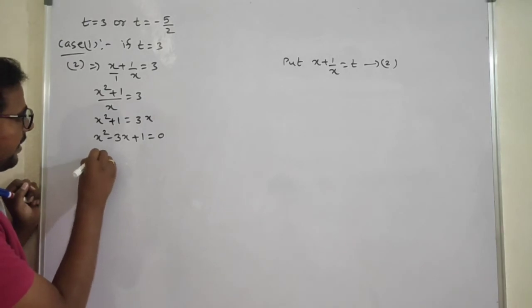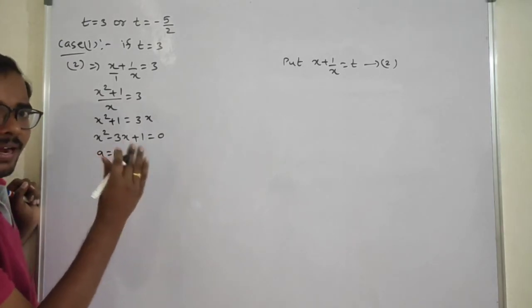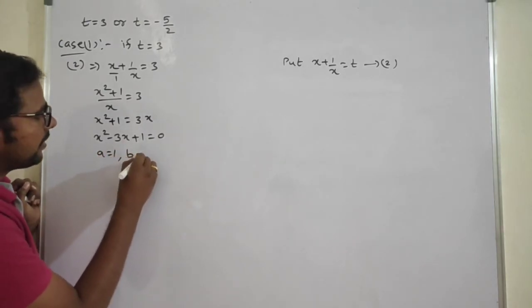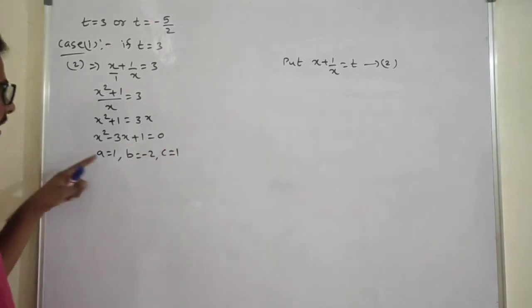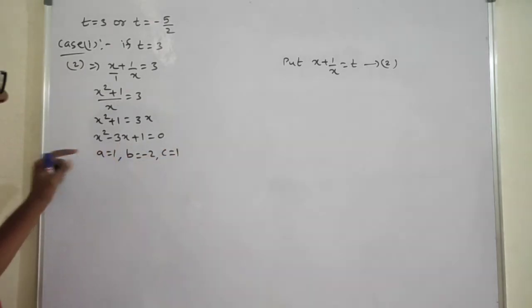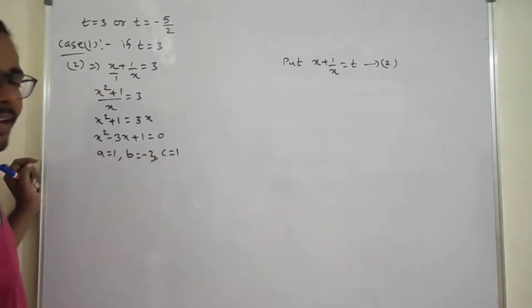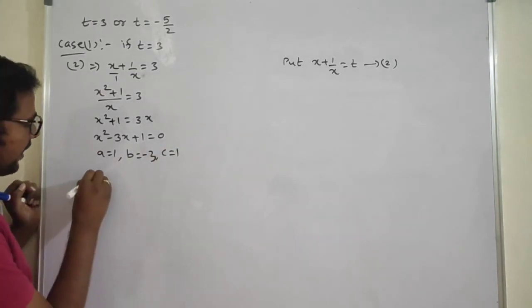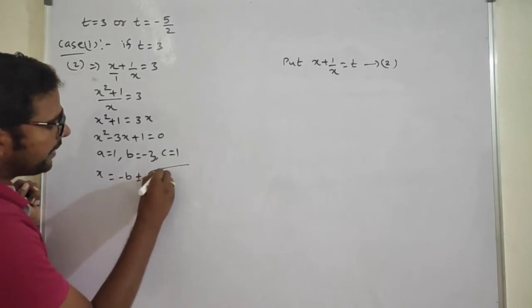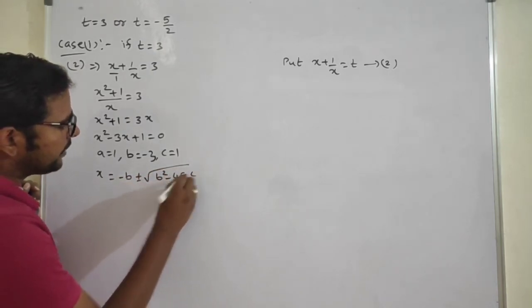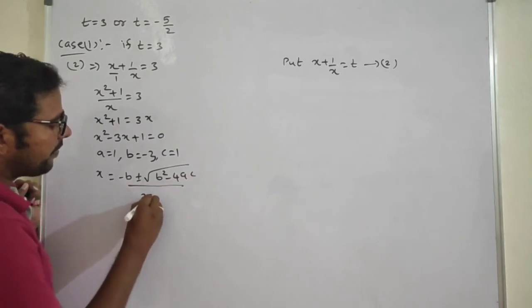So we can find the roots by using the formula. a equals 1, b equals minus 3, c equals 1. What is the formula? x equals minus b plus or minus under root of b square minus 4ac by 2a. By using this formula, we can find the roots.